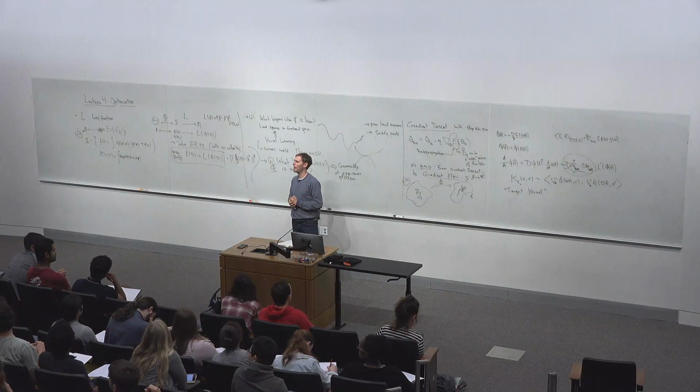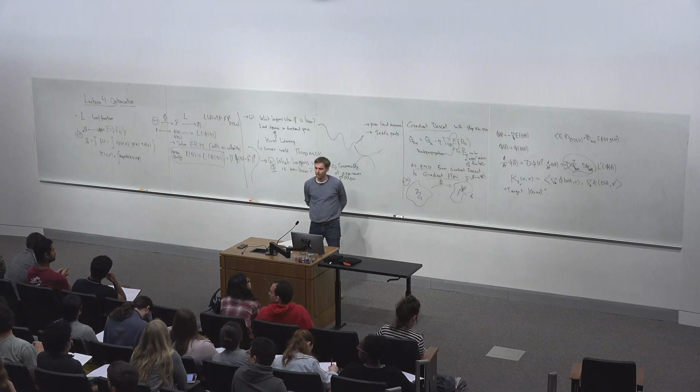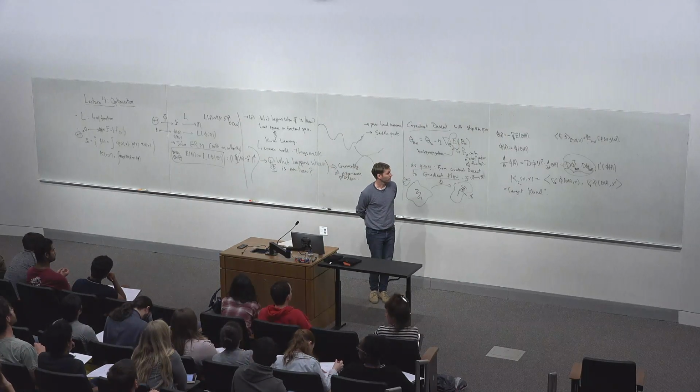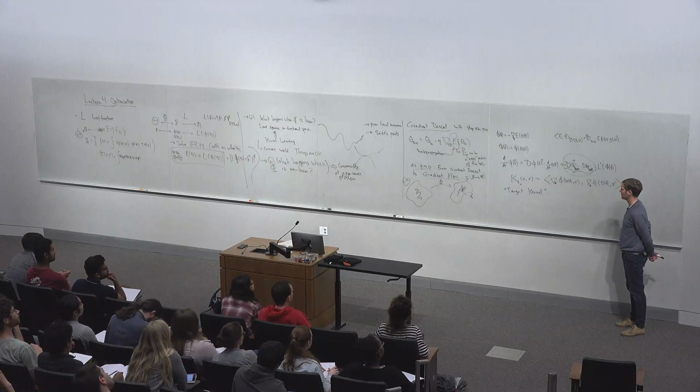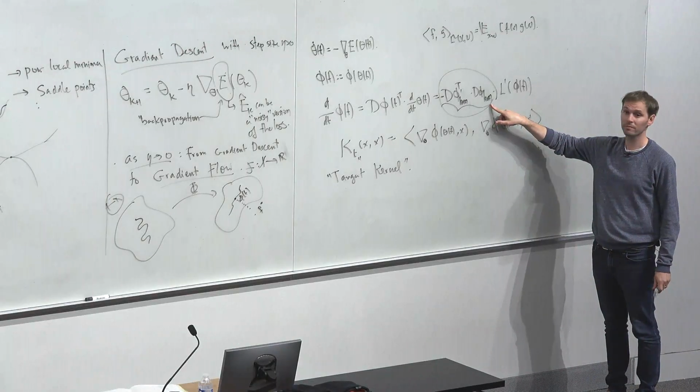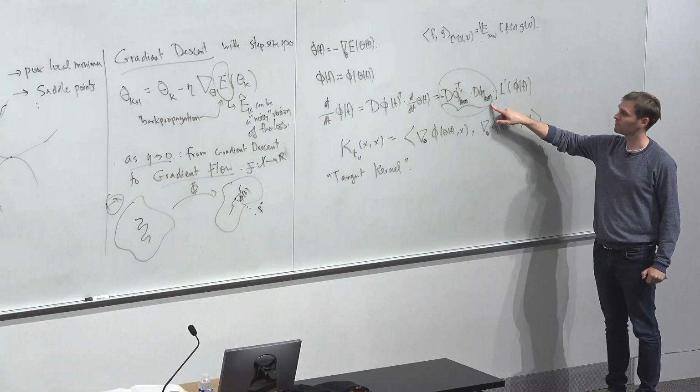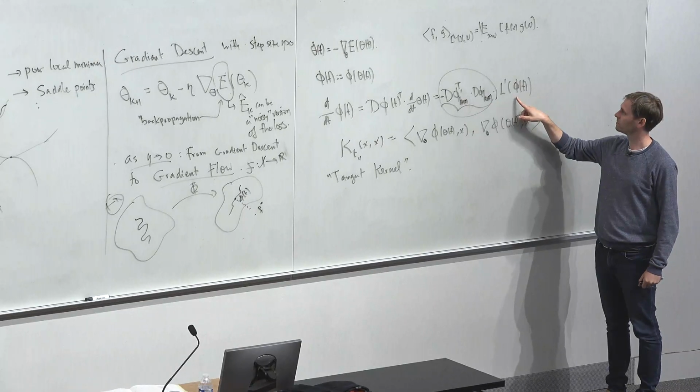Yes? Sorry, I think you already said this, but what exactly happened to d/dt of theta? What's it getting replaced by? Just one line up. Yes, we had d/dt of theta t, and then what did it get replaced with?